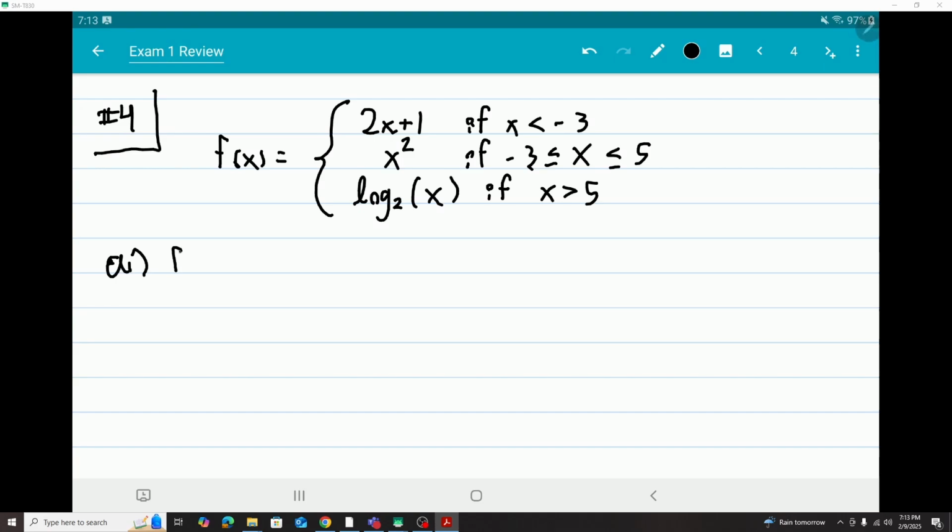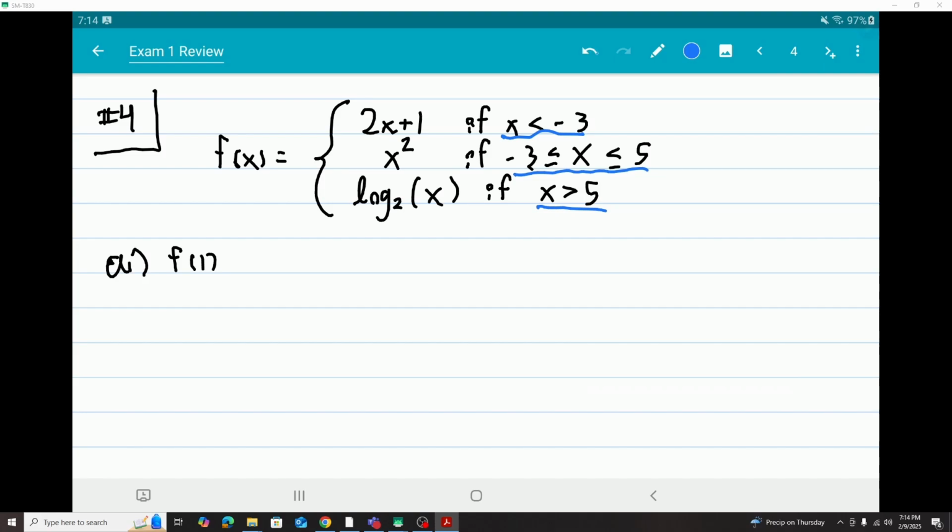So first we look at f of 1. And what we need to ask is, which one of these equations does 1 fall in? So we look at these 3. And we say, which of these has 1 in them? It can only ever be in one of them. That's how the rules of defining piecewise defined functions work.